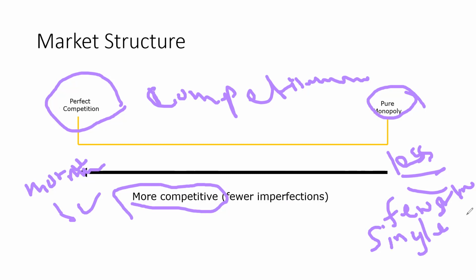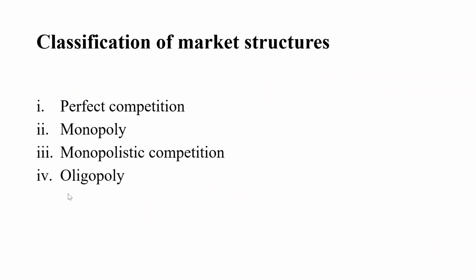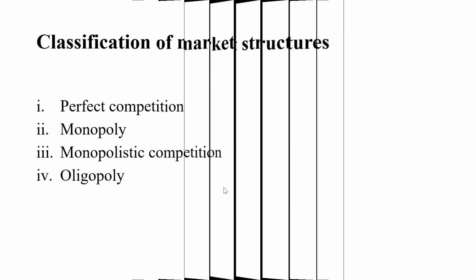But if there is a very limited number of sellers, then the competition will not exist. So based on this competitiveness, we can identify these 4 different market structures.